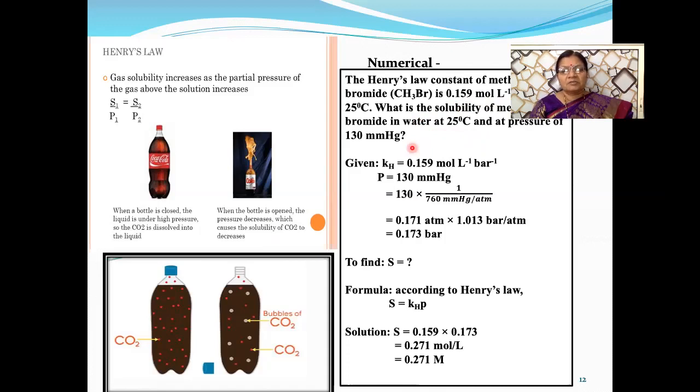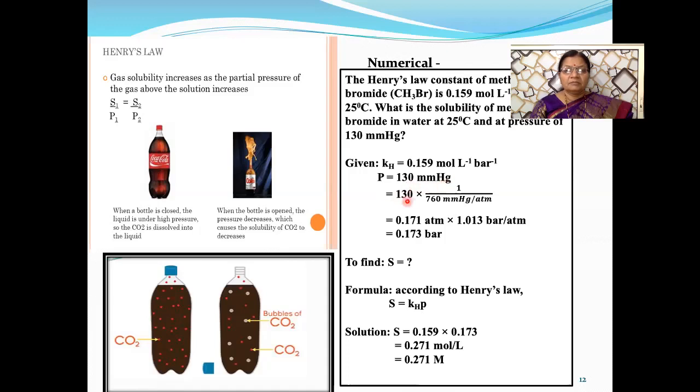Before solving the example, you have to read the numerical very carefully. What is given? For methyl bromide, Henry's law constant is 0.159 mole per liter per bar. The pressure P is 130 millimeter mercury.